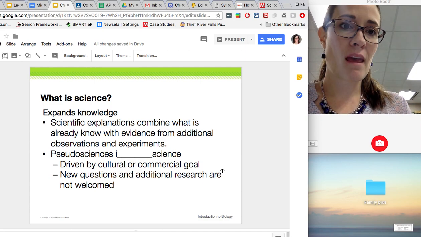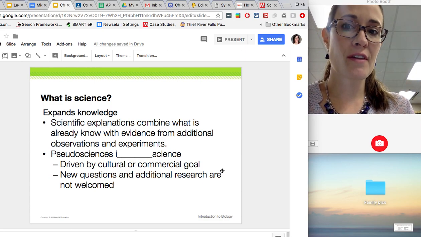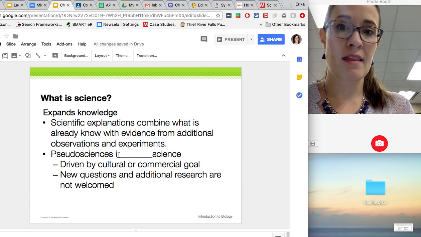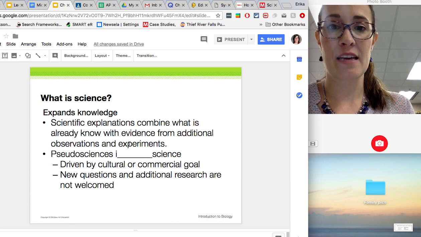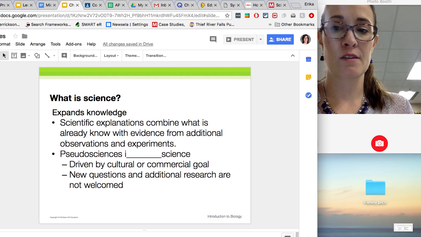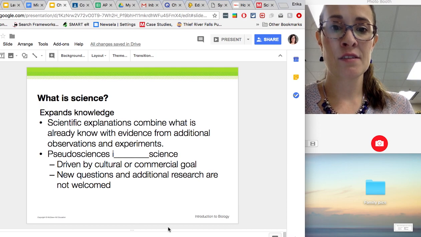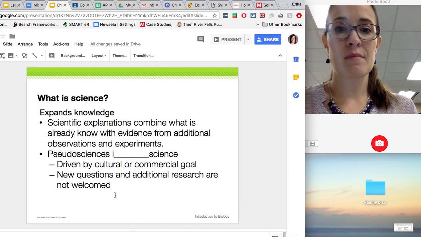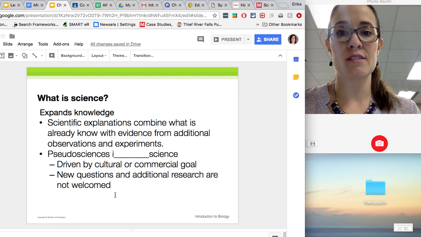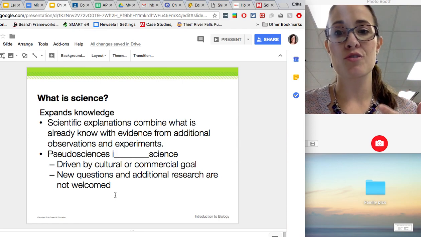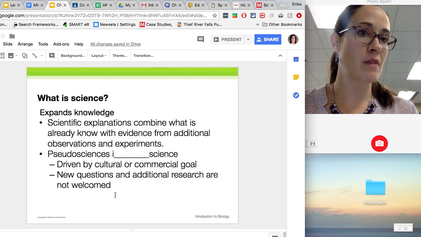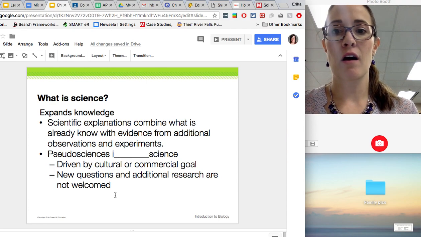Science does that. There's another thing called pseudoscience that imitates science. There's the word imitate. Pseudoscience is driven by some kind of commercial or cultural goal. So they get money for it or other reasons.